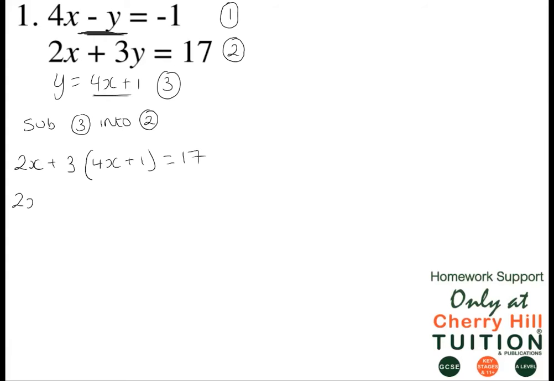So 2x plus 3 multiplied by 4x, which is 12x, plus 3 multiplied by 1, which is 3, is equal to 17. The 2x and the 12x are both like terms, so we can collect these into 14x plus 3 is equal to 17.